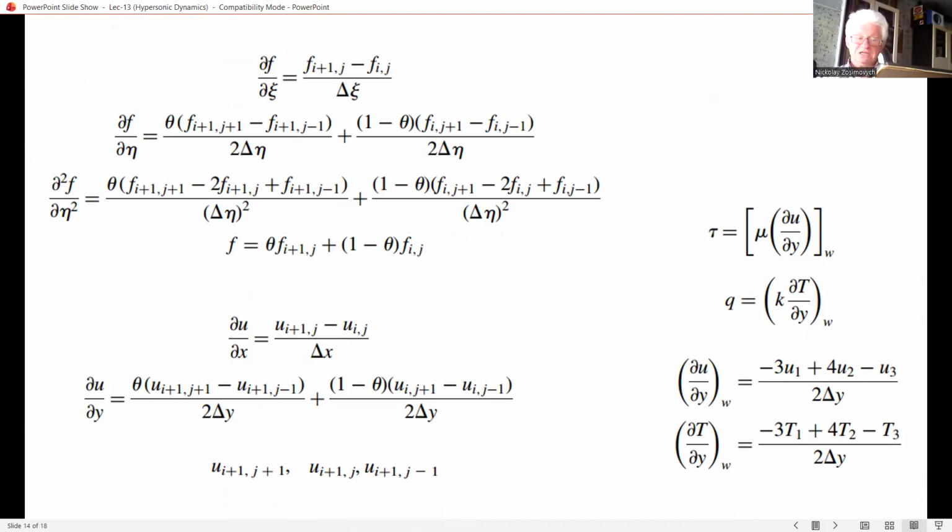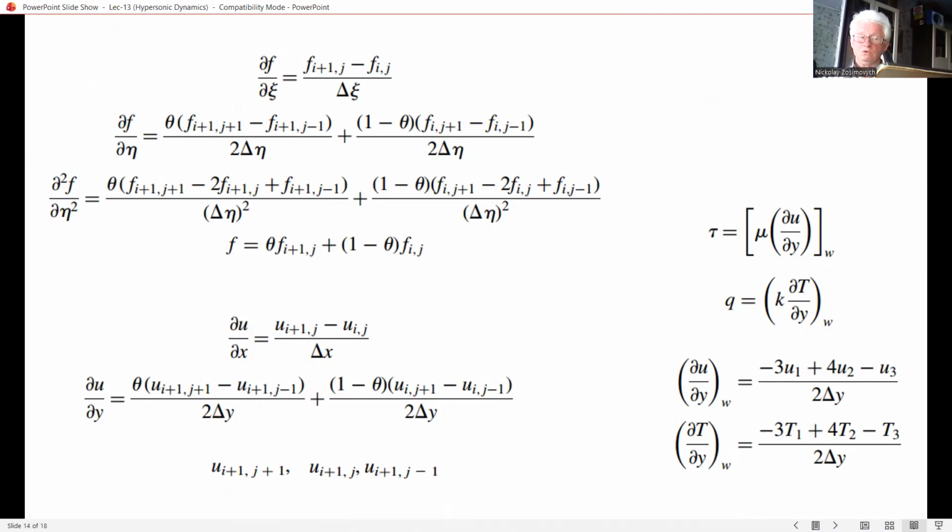If theta equals 0, the only unknowns that appear are f at I plus 1, j and g at I plus 1, j, which can be obtained directly from the two algebraic equations. This is an explicit approach.